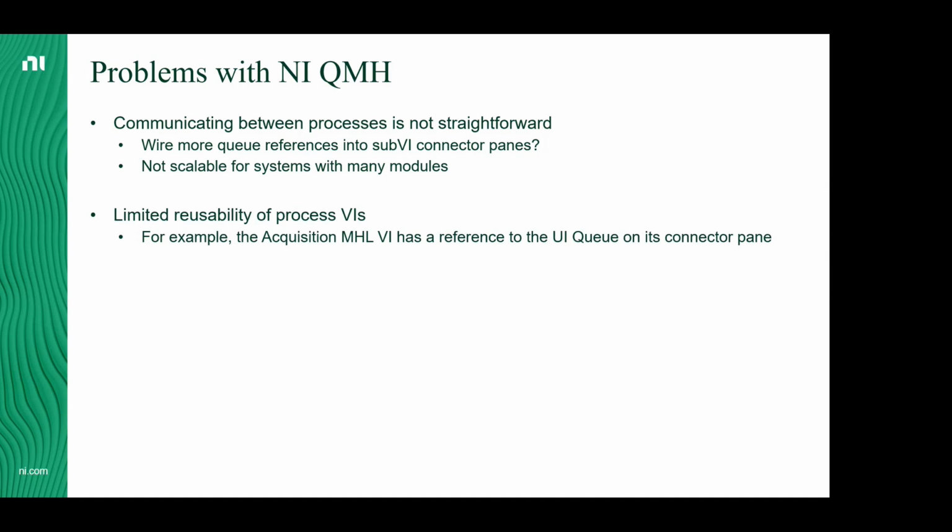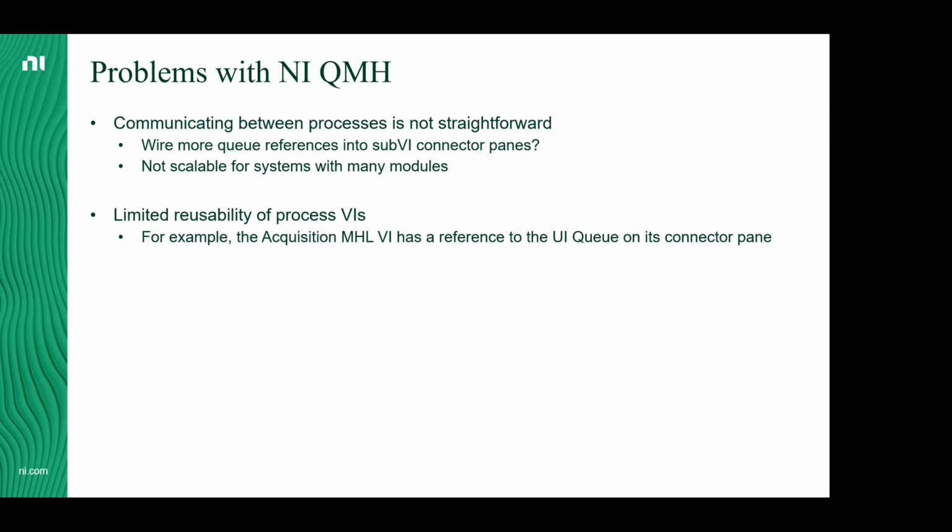Another problem related to that is reusability. Once I take a connector pane of a VI that's a message handling loop, and I take some other VI's queue and put it on the connector pane of that VI, I have now severely limited the usability of that message handler.